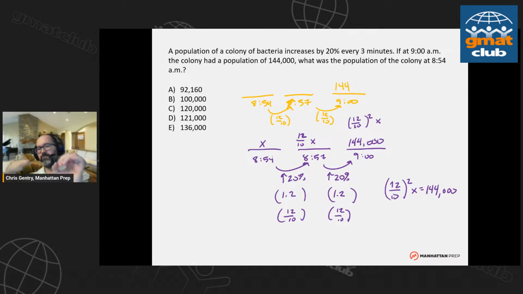All of these progressions go in both directions. And so if I wanted to go in the opposite direction, what would I multiply by? What would be my factor? Instead of multiplying by 12 over 10, multiply by what?